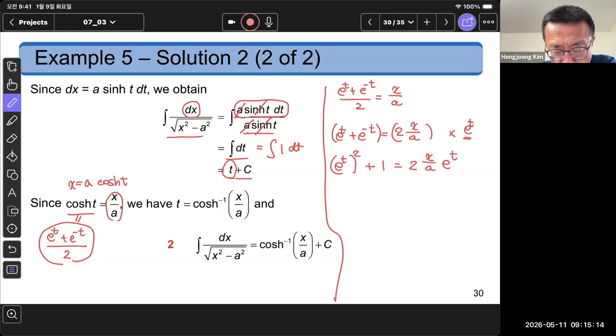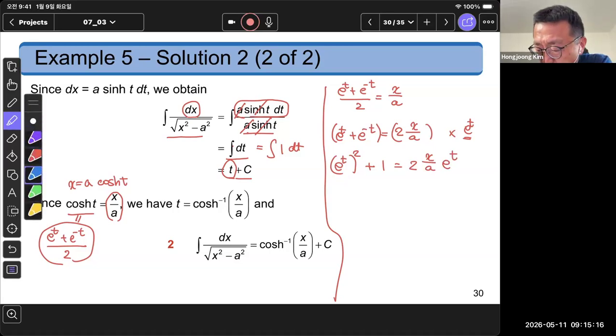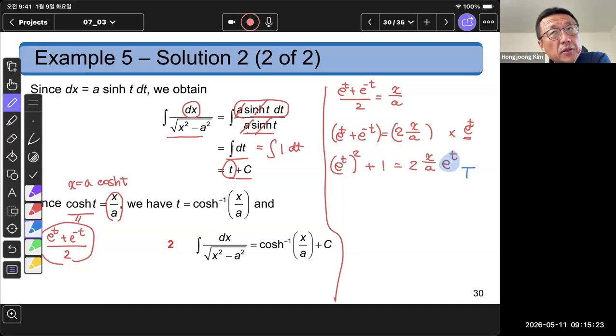So temporarily, let me replace this e to the t by capital T for simplicity. Then we have T squared, and then if I move this term to the left hand side, we get minus 2 times x over a T plus 1 equals 0.